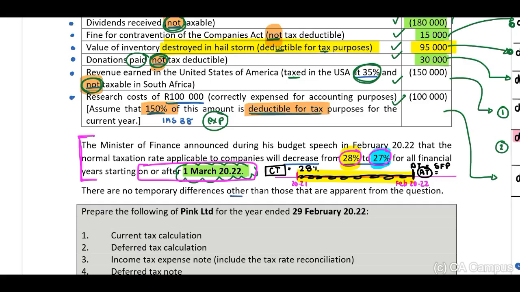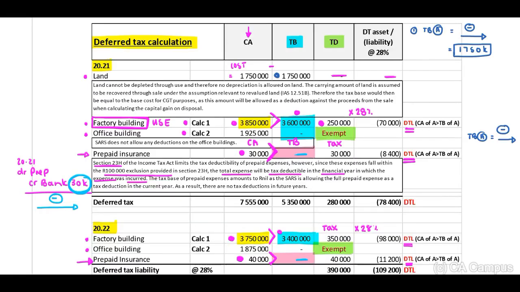Remember, this is a future tax that we provide for. Therefore, in future, the tax rate will now be 27%. Therefore, if you look at our deferred tax calculation, the total deferred tax for 2021 is 78,400 deferred tax liability.